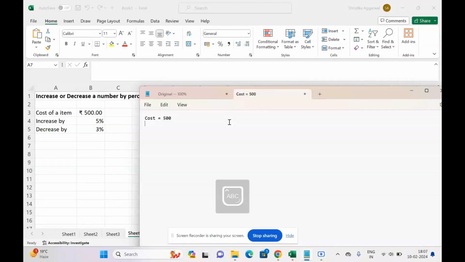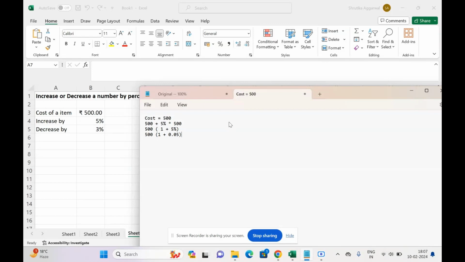So the cost after my increase will be 500 plus the increase. The increase is 5% of 500. Now I can take 500 as common. I open braces, I say 1 plus 5%. Now I can also write this as 500 times (1 plus 0.05), right?